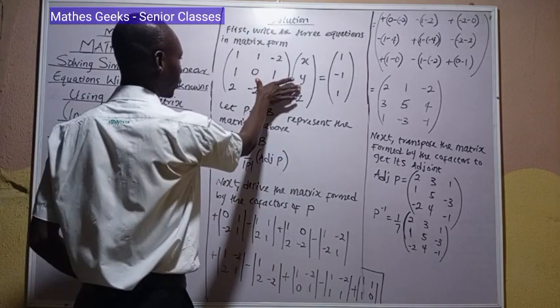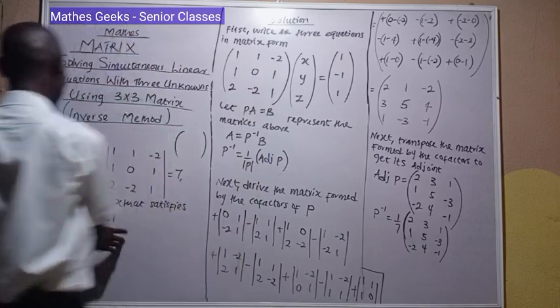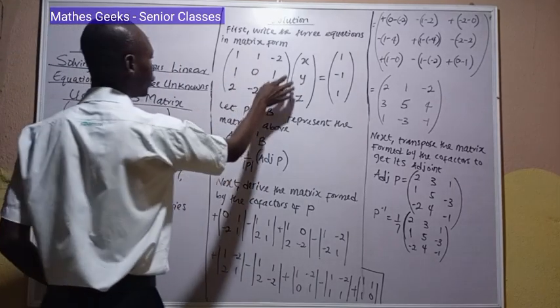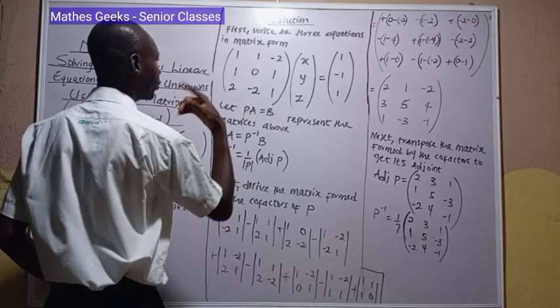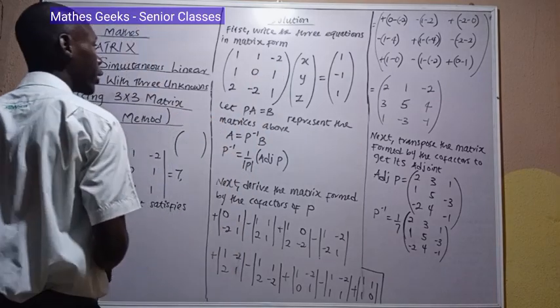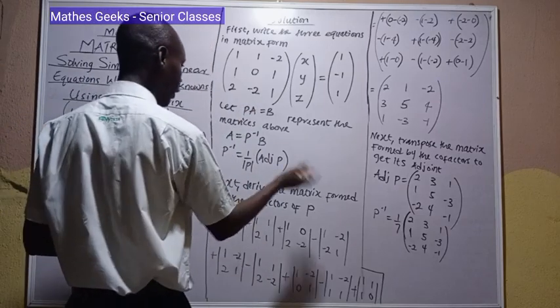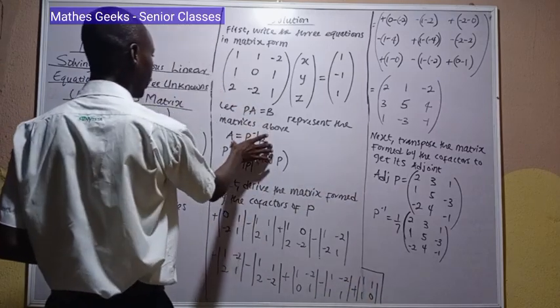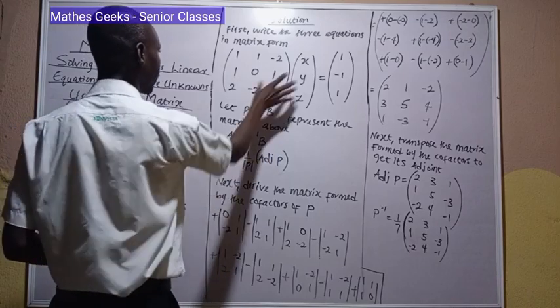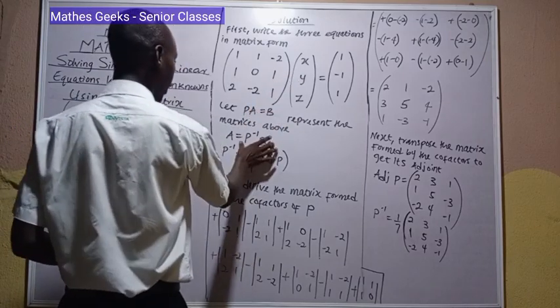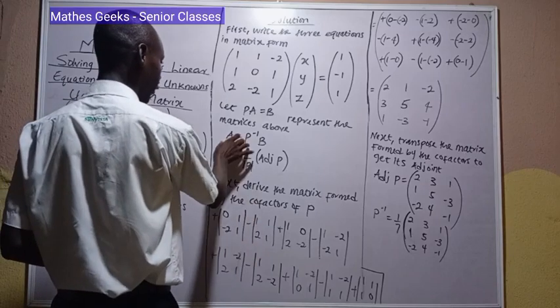Now look at the question that we're given. First of all, we're given this question, and then we made sure the question was rewritten in matrix form, and this was what we got. If we solve like that, we'll still arrive at this point, but I decided to use letters so that whenever we are representing these matrices as we proceed to solve with this data, it is easy.